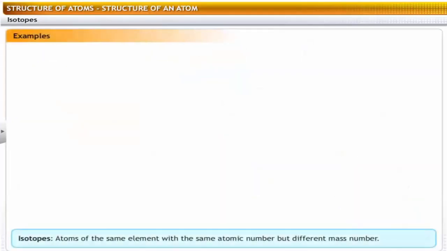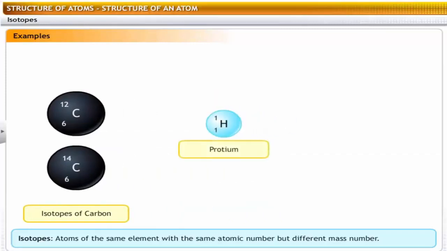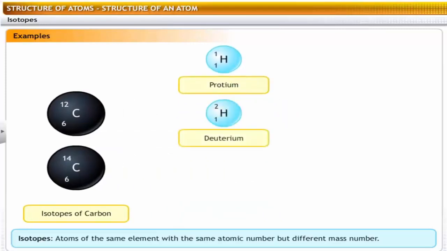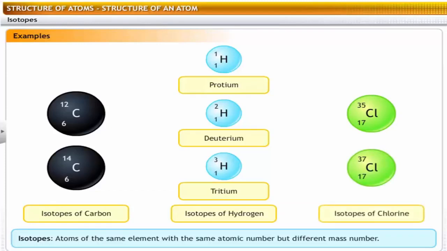For example, 12C6 and 14C6 are isotopes of carbon. 1H1 protium, 2H1 deuterium, and 3H1 tritium are isotopes of hydrogen. 35Cl17 and 37Cl17 are isotopes of chlorine.